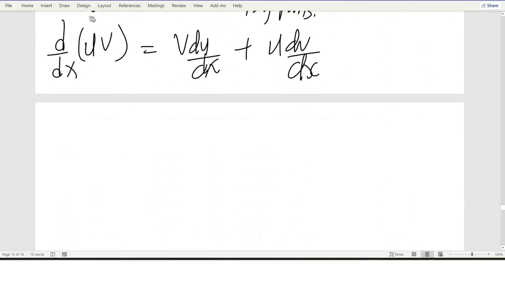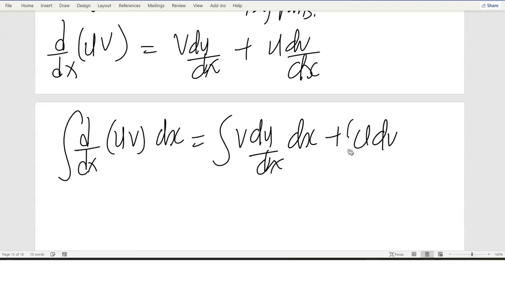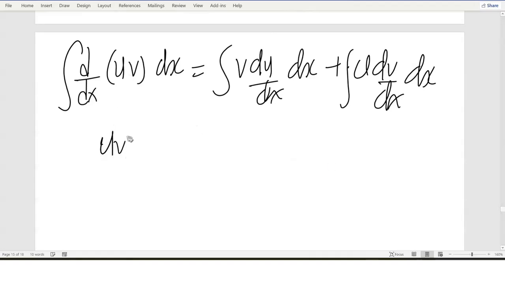Now if I choose to integrate with respect to x, integrating d/dx of uv, we'll be integrating v du dx plus u dv dx with respect to x. What is that going to be? This becomes uv, because I have differentiated uv, then again integrated the derivative.